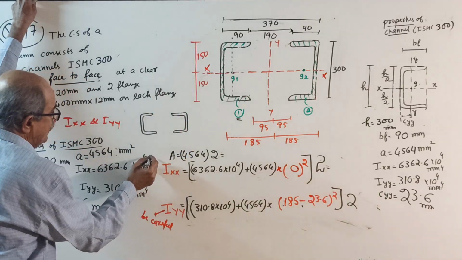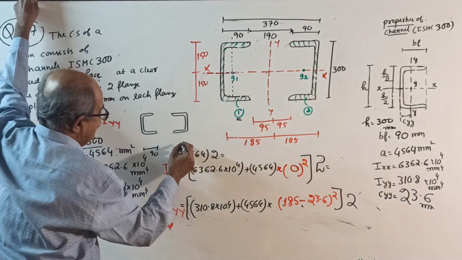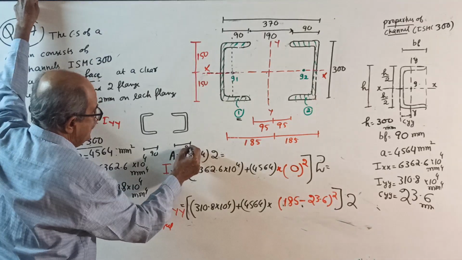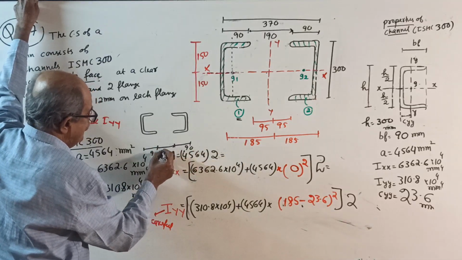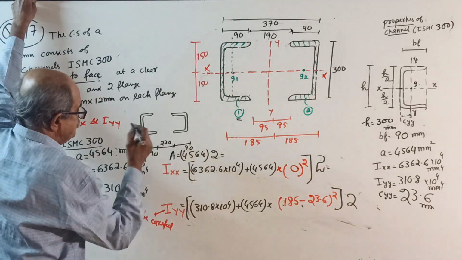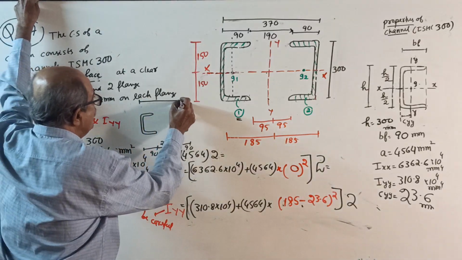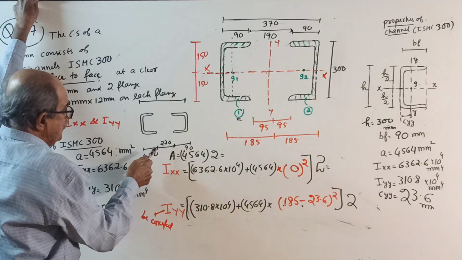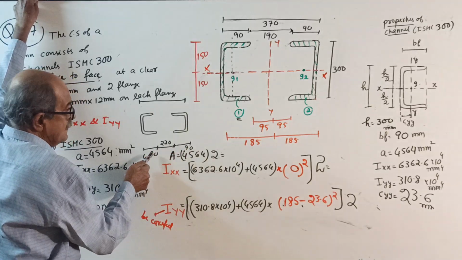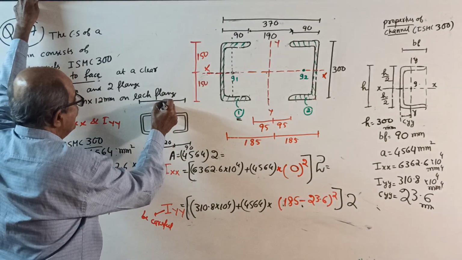Now, remember, this width is 90, this width also 90, and this gap is how much given? 220 gap. So from here to here, it will become 220 plus 90 plus 90. 90 plus 90 is how much? 180 plus 220 is exactly 400.